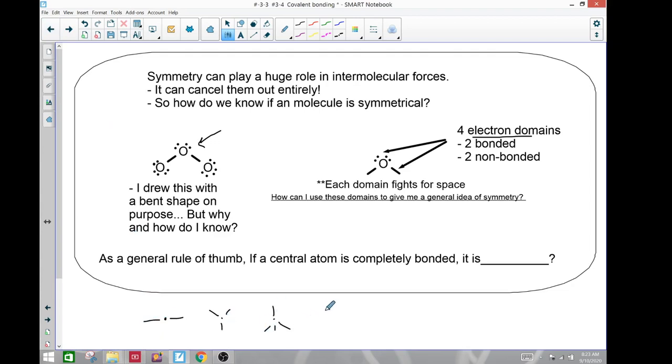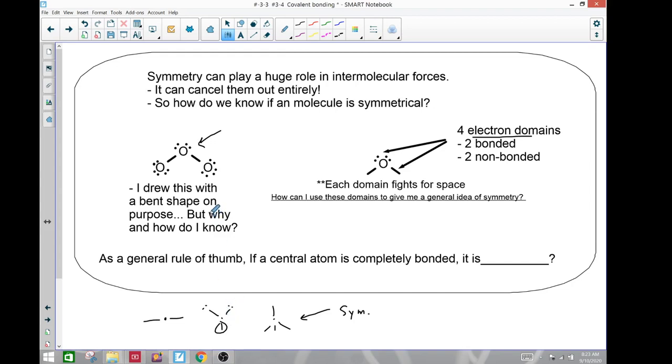Every single shape always starts out symmetrical, all right? Because they're just repelling away from each other and forming a balanced position. No matter what you have, it always forms a balanced position. So how can it be that this isn't balanced? Well, in this situation, if we have bonded versions versus unbonded versions, that is where things start to become asymmetrical.